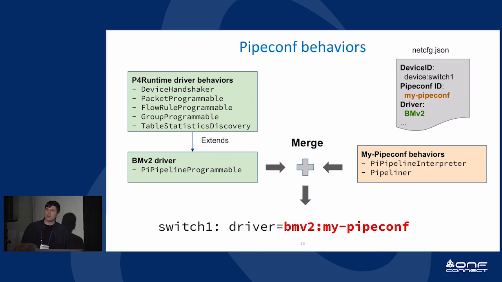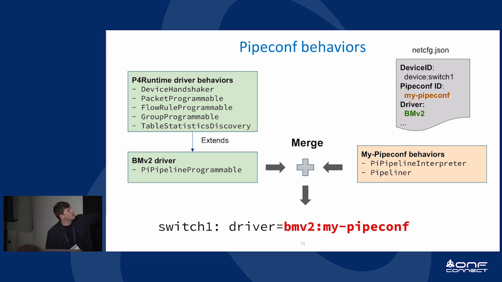As I said before, in ONOS we have this very nice layer, the driver layer. The way we were able to make ONOS independent of pipeline-specific capabilities is simply by reusing the driver subsystem. When you use a P4 programmable device in ONOS, you have to select a device driver and a Pipeconf. The Pipeconf brings in some driver behaviors, and ONOS will merge these two drivers.